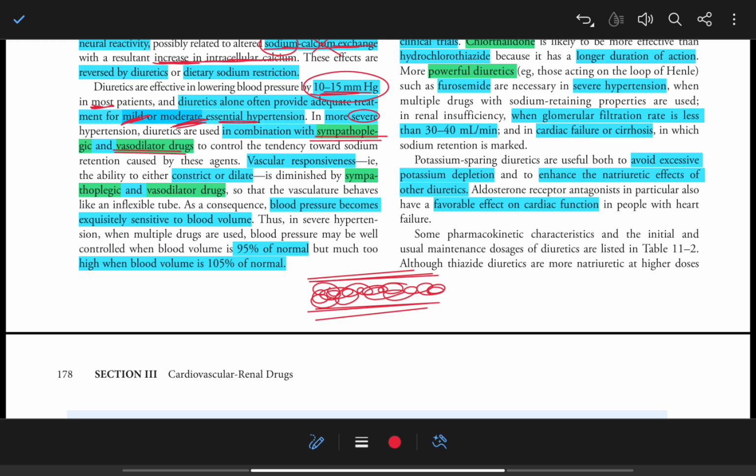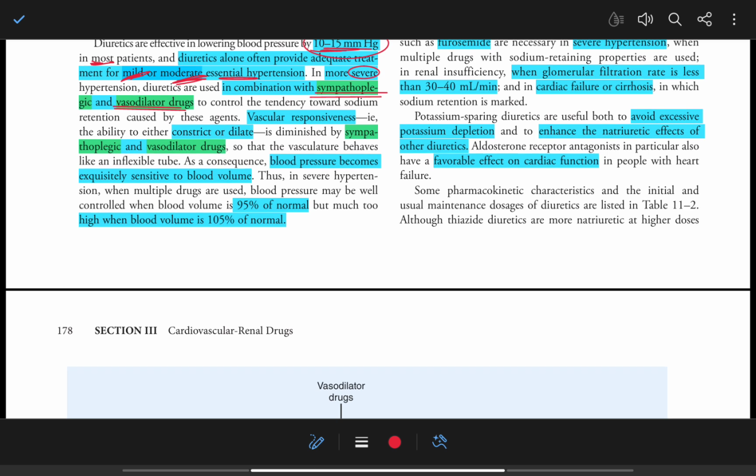That's why whenever you are using sympathoplegic agents and vasodilators, we usually tend to control the blood volume by giving diuretics. That's where diuretics come into play, to control the blood volume so that we can maintain it at 95% of normal. If it's more than that, let's say around 105% of normal, then it will lead to a high blood pressure.